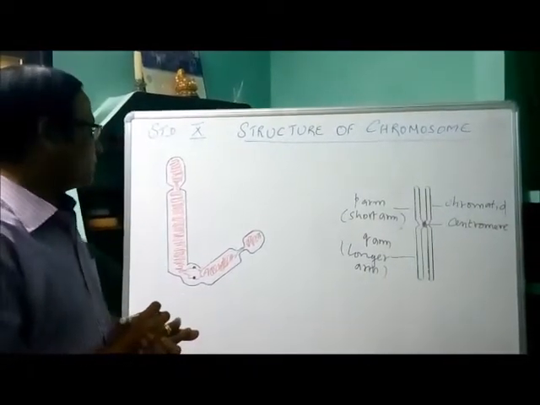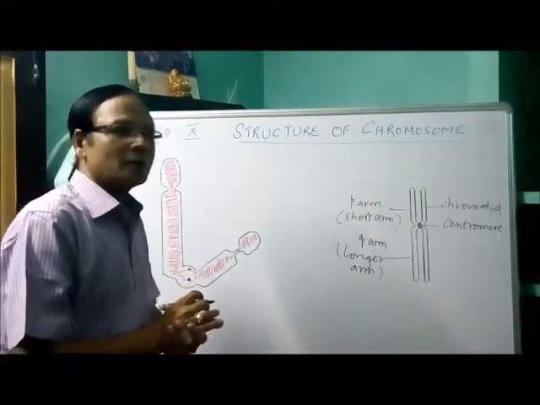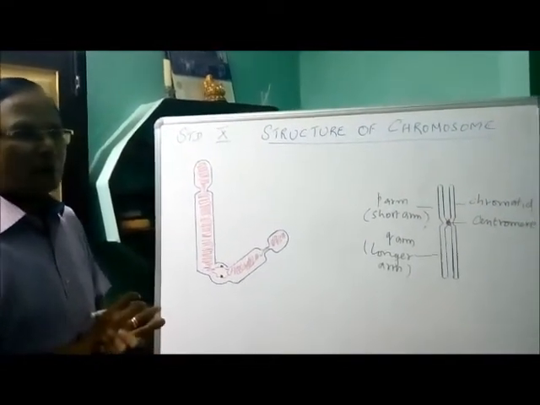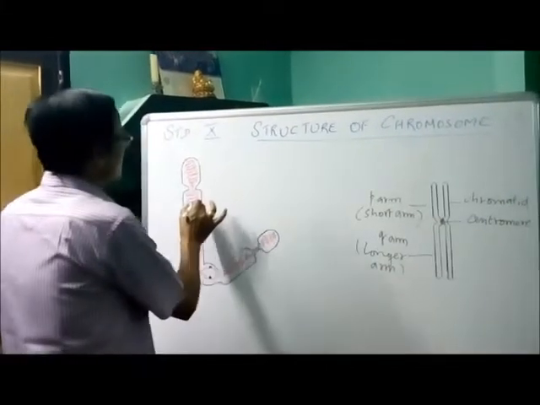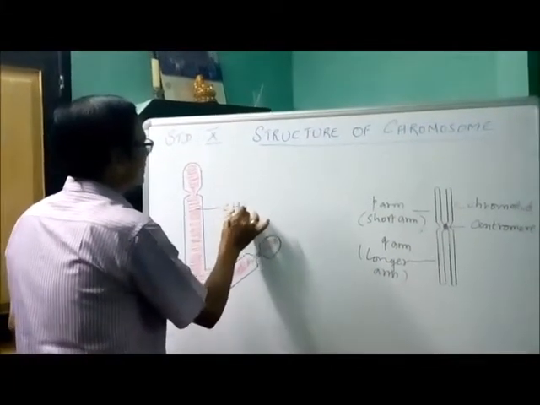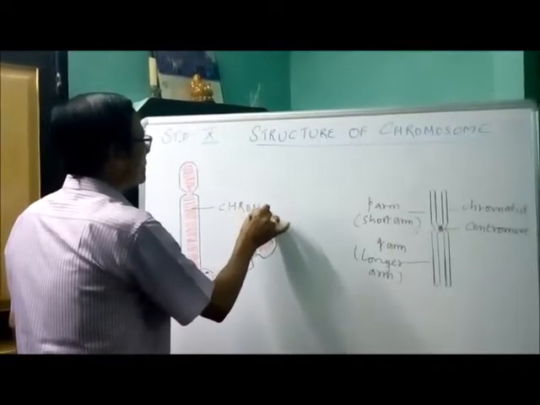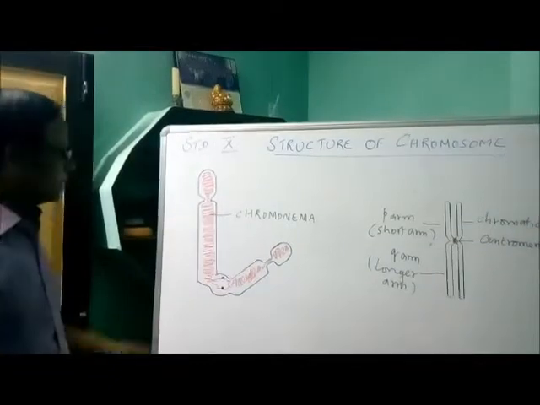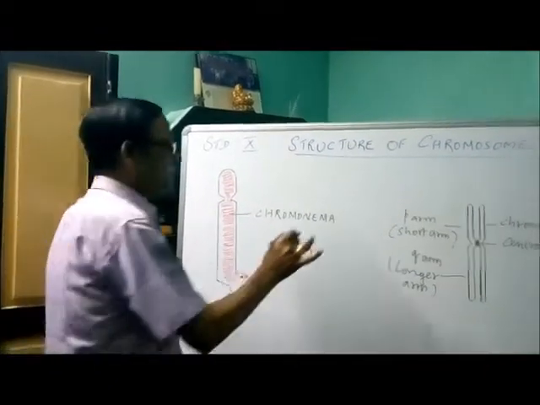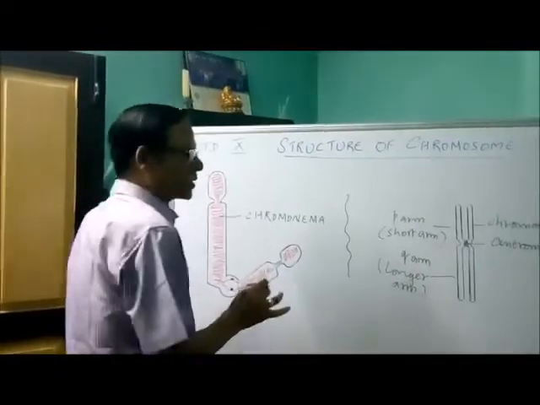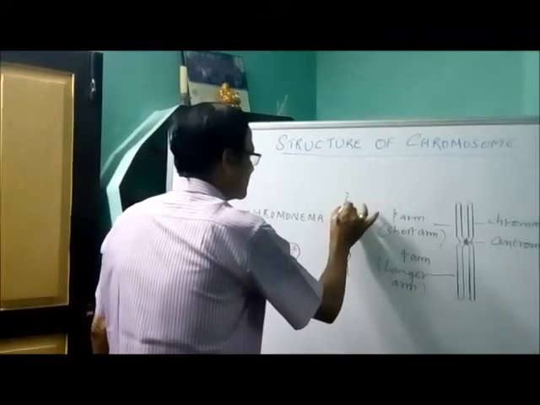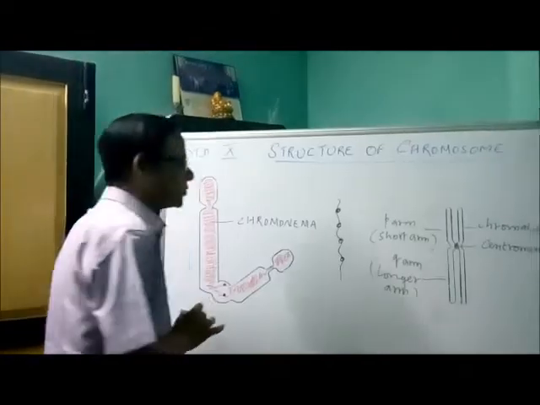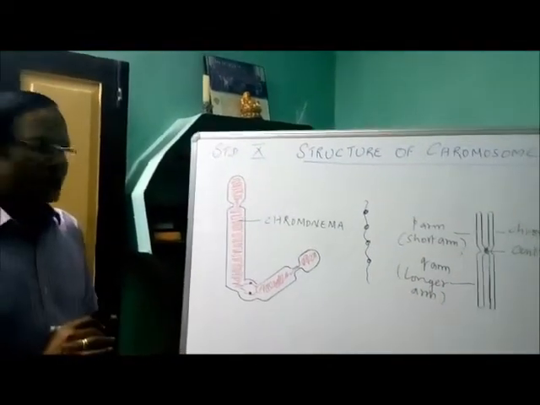Then we will go further. Now the chromatid is formed of highly coiled thread-like structures inside. These coiled thread-like structures are called chromonema, singular chromonema. If you uncoil it, this is a chromonema. At certain regions, the chromatin is accumulated and condensed together to form bead-like structures.